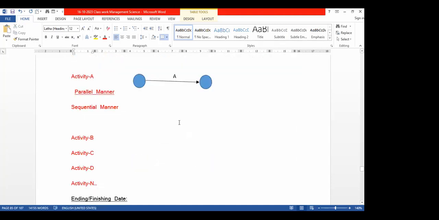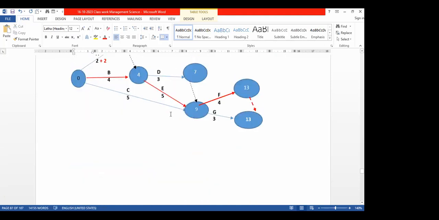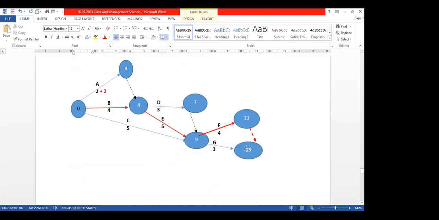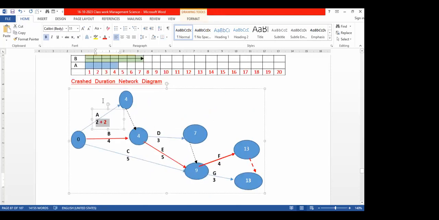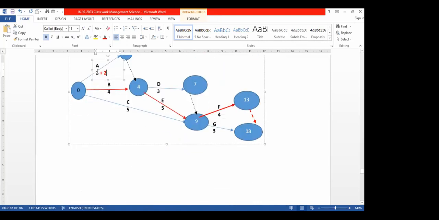Now you see this crash duration network diagram. It's 13 days required to complete the project. A also we have reduced. In the normal diagram, A is 4 days. We have reduced by 2 days. Whether this reduction is really required or not.